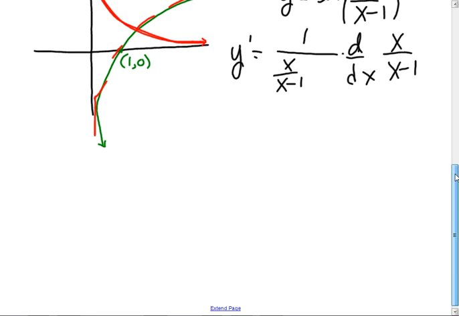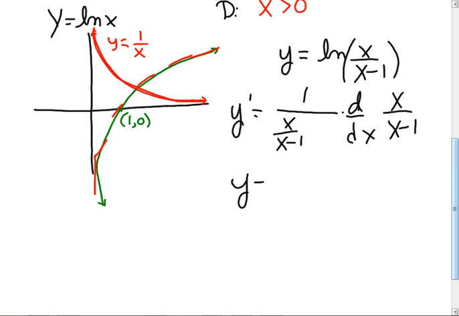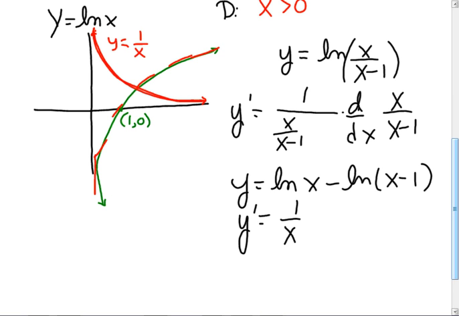You can rewrite that as y equals the log of x minus the log of x minus 1. Now find the derivative. Tell me, is this easier or harder? This is easy. Y prime is 1 over x minus 1 over x minus 1. That's it. If you do this and the quotient rule and you simplify all those complex fractions, you will get that. I'd rather do this.